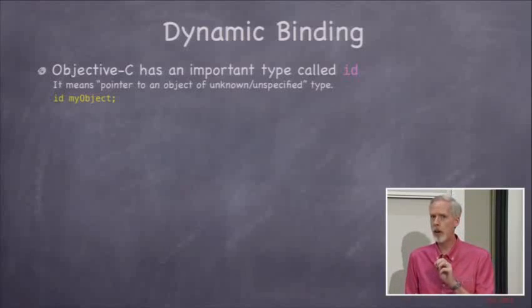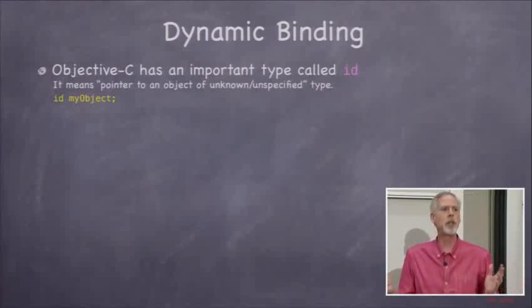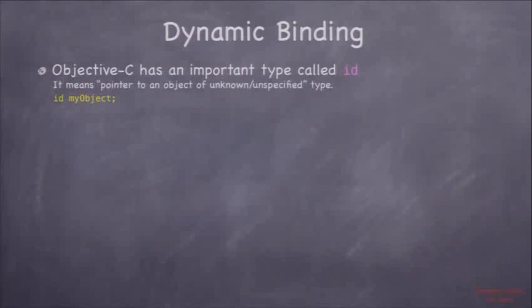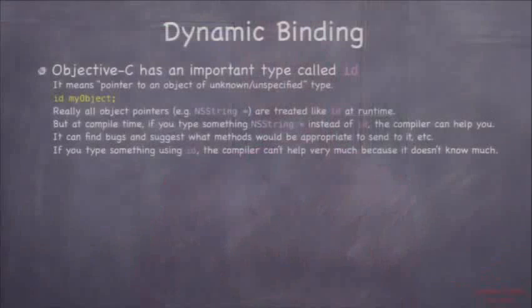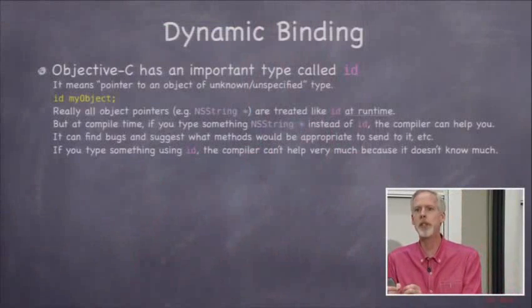So id means pointer. id is a pointer. We don't use id star. id is a pointer to an object where I don't know its class, of unknown or unspecified type. It's just a pointer to an object. I do not know anything about that object. Really, all pointers in Objective-C are ids, in that the decision about what code to execute when you send a message to an object is not determined until runtime when you send that message.